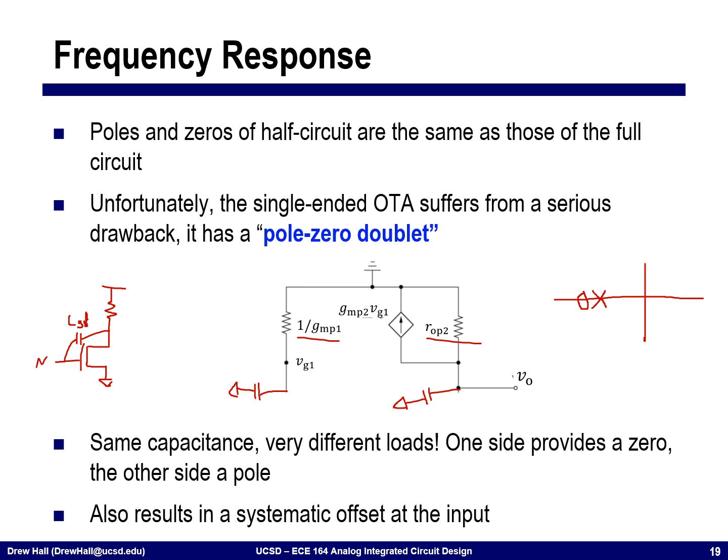So signal coming in here, the conventional path is that the signal goes through the transistor, gets an inversion, gets turned into a current, and then turns back into a voltage through this resistor. And CGD allows the signal to quote unquote race ahead to the output with this alternative path.